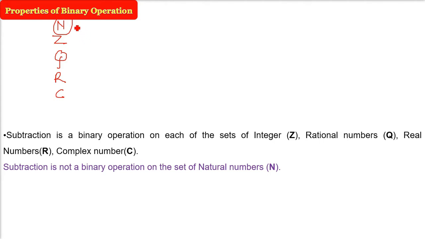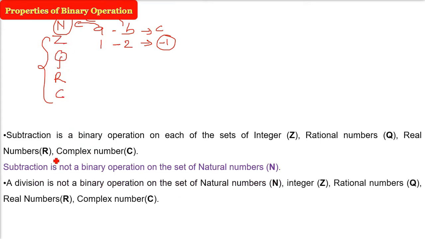The binary operation subtraction doesn't hold because if you take a from natural numbers, b from natural numbers, the result may or may not be in the natural numbers. Therefore, it is not a binary operation on natural numbers. For example, if I take a as 1, b as 2, 1 minus 2 is negative 1. Negative 1 is not in the natural numbers. Natural numbers are counting numbers, remember? For Z, Q, R, C, this subtraction works.